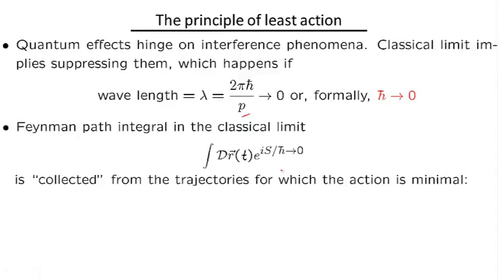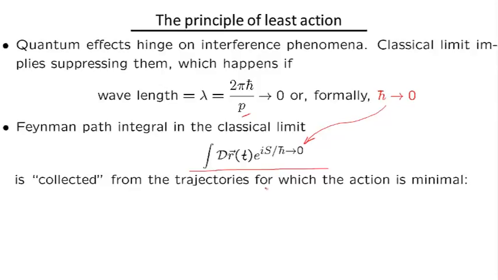Now, if we recall the expression for the Feynman path integral, we see that in the quasi-classical limit, when h is formally taken to 0, the functional that we're integrating becomes in some sense very similar to the types of functions that we saw in the previous slide, with the h bar, the Planck constant, being equivalent to the parameter epsilon that controls the applicability of the saddle point approximation.